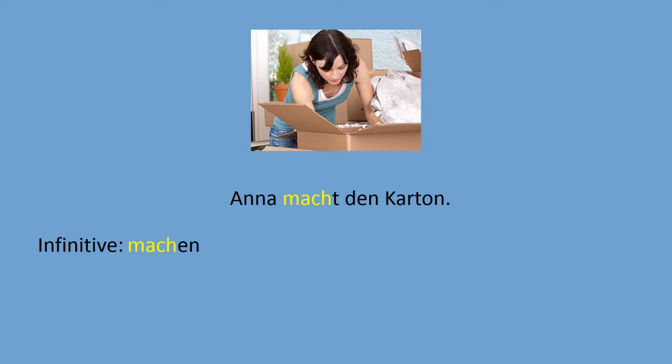Anna makes the box. Okay, I will give you another sentence. Peter macht den Karton auf. So you read the sentence and it looks like the sentence you saw before. Remember, Anna makes the box. But something here is new, something here is different.